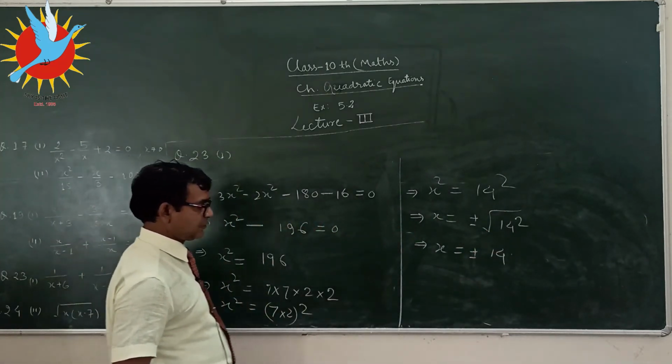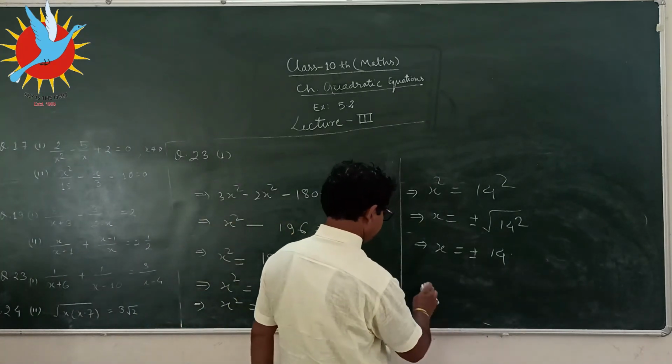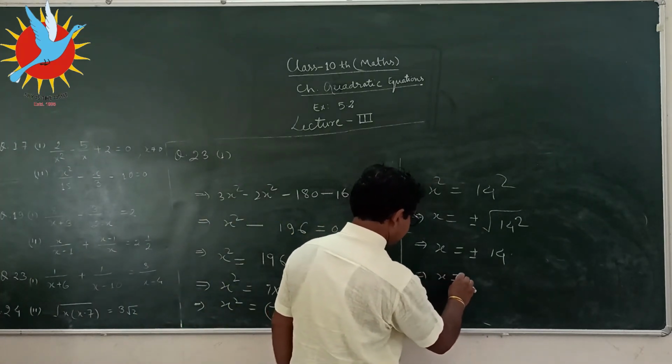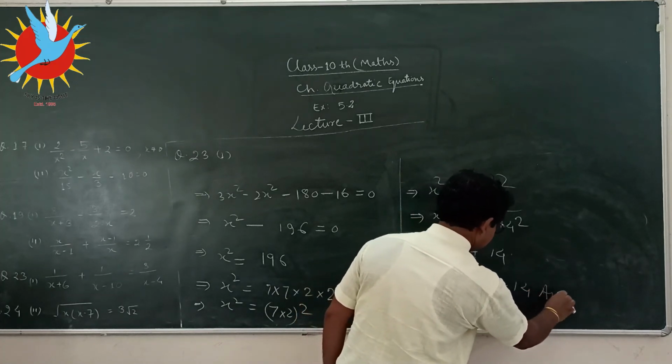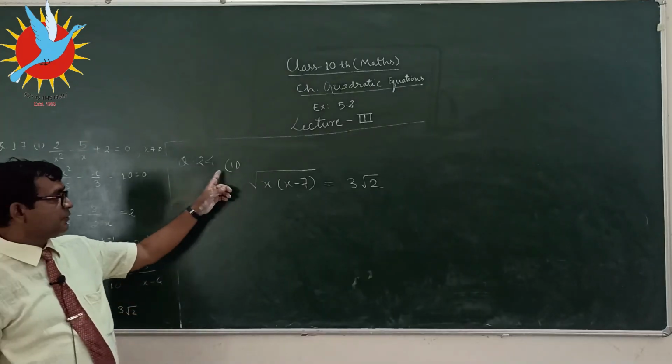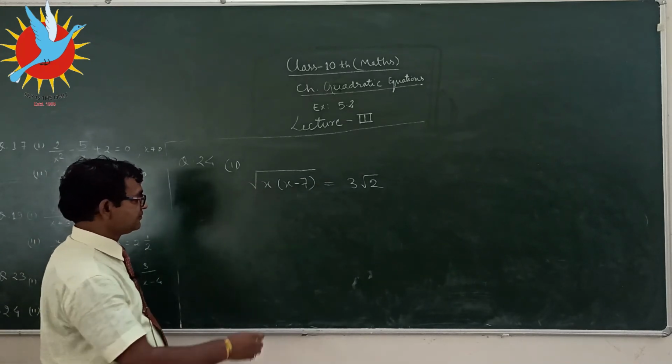So the solution of the quadratic equation is x equal to plus 14 and minus 14. Question number 24, second part is this.